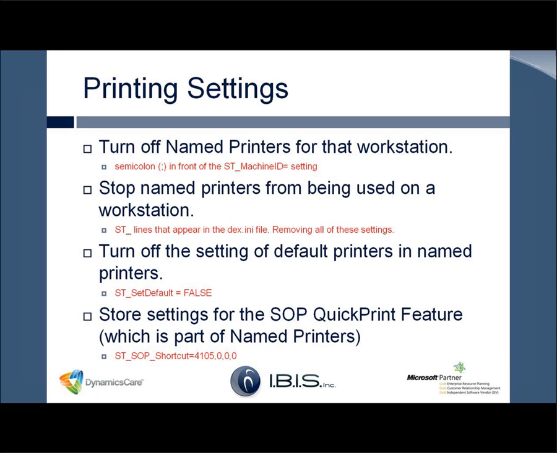And it's sort of a strange interface because it's just a bunch of numbers that control that. But there are two ways you can set this. One, I'll give you a document with more information that you can drill back on. Or secondly, you could go and set it on one workstation the way you want it to be, and then grab those settings from the DEX.ini file and populate it to other workstations or copy it to other terminal servers.